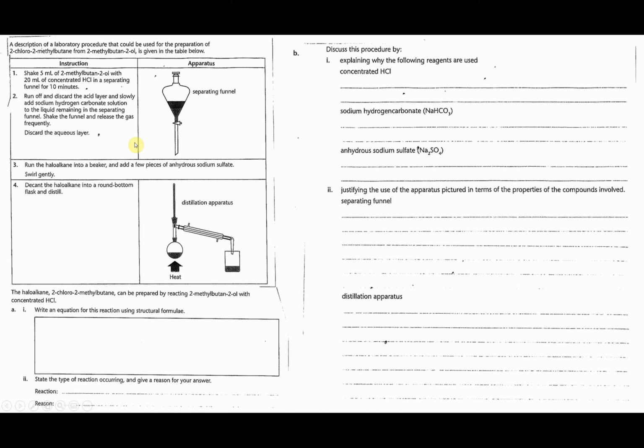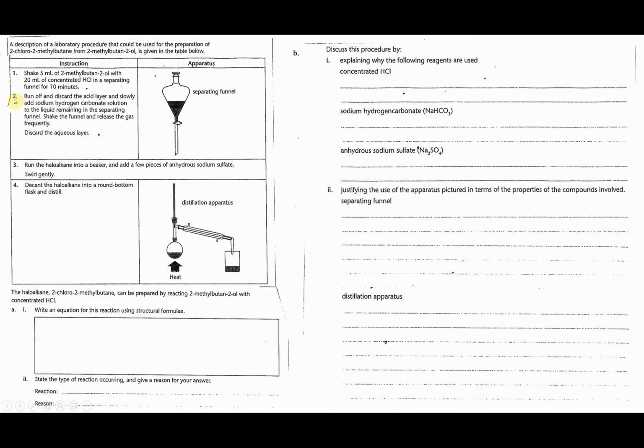Now you have to remember with that equation, if I'm taking an acid and a base, one of the byproducts of that is water. So because of that byproduct of water, because there might be water being mixed in because of the reagents we've used earlier, we're going to add that anhydrous sodium sulfate, and that's going to collect it all up and remove the water component, because I don't want to waste my time distilling stuff when I could remove them easily in other ways.